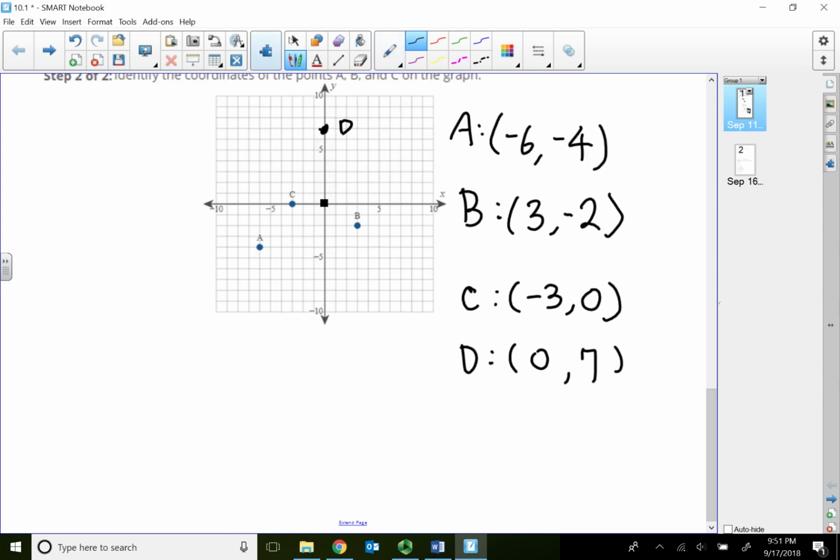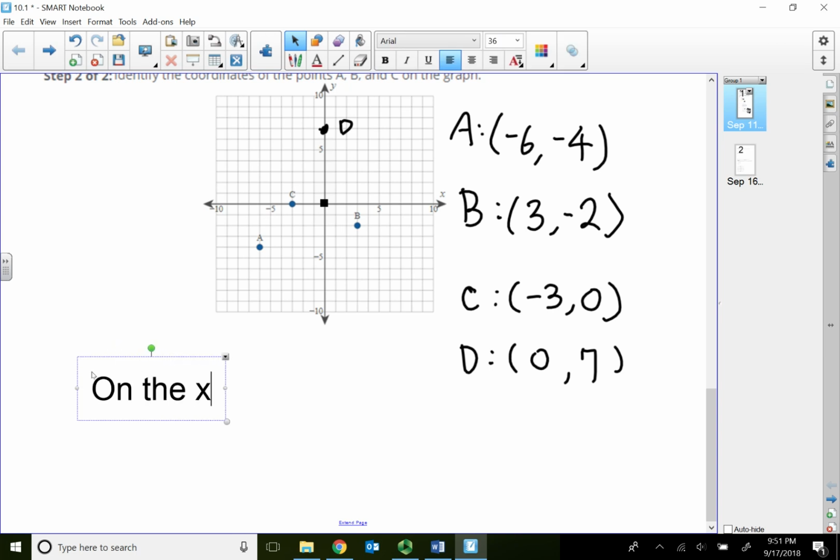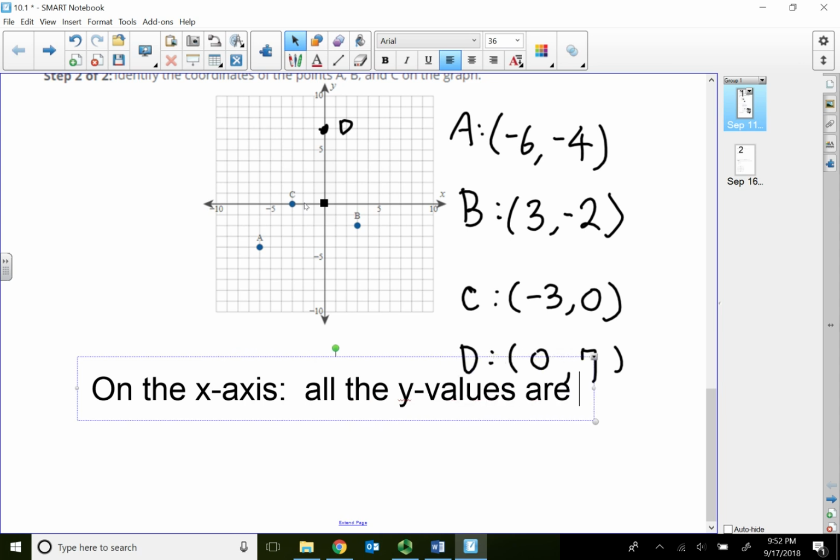So let's go ahead and write this down. Very important concept we will need later on. On the x-axis, if I walk along the x-axis, all the y values never change. So all the y values got to be 0.